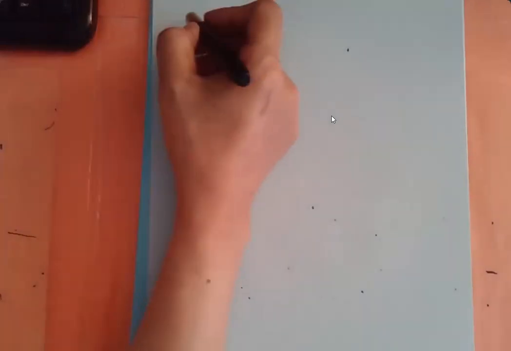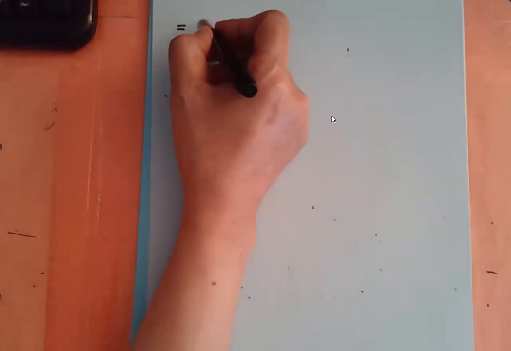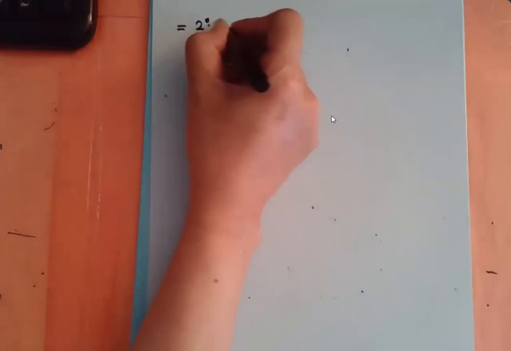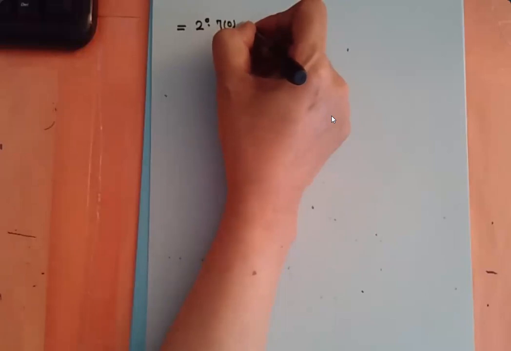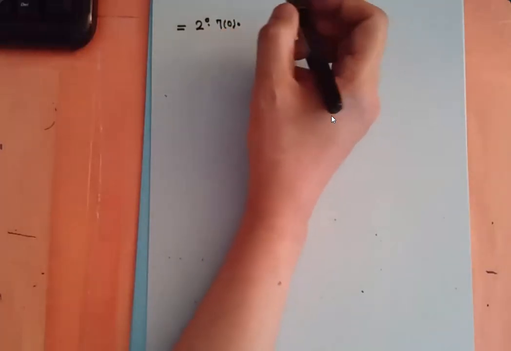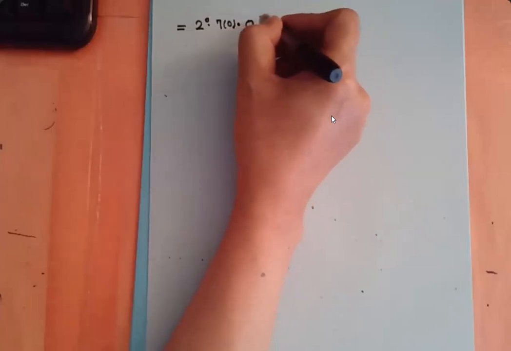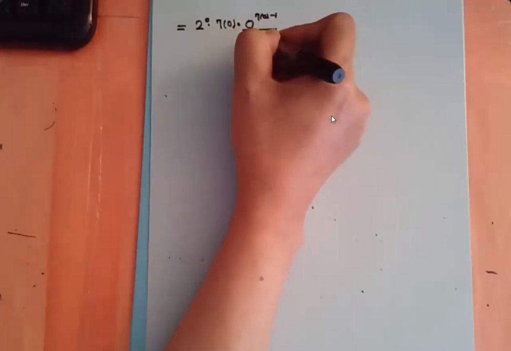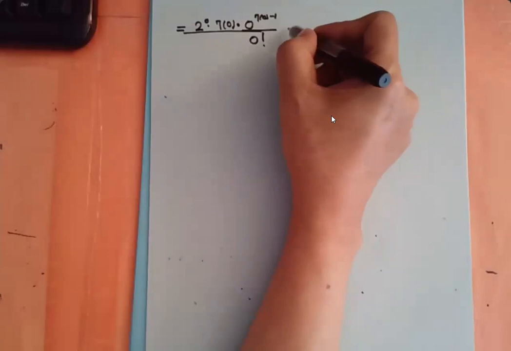So all we have to do is expand it out. For n equals 0, we have 2^0 times 7 times 0 times x^(7*0-1) over 0 factorial, and of course that will vanish.